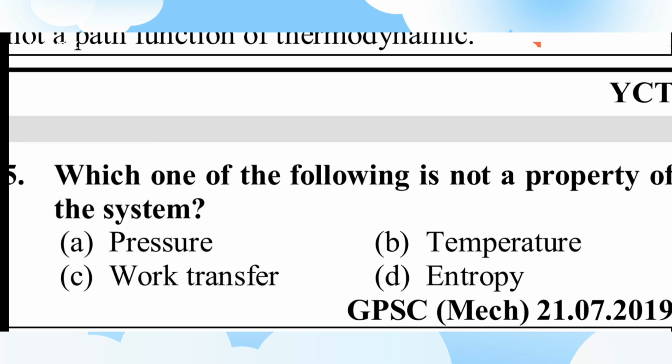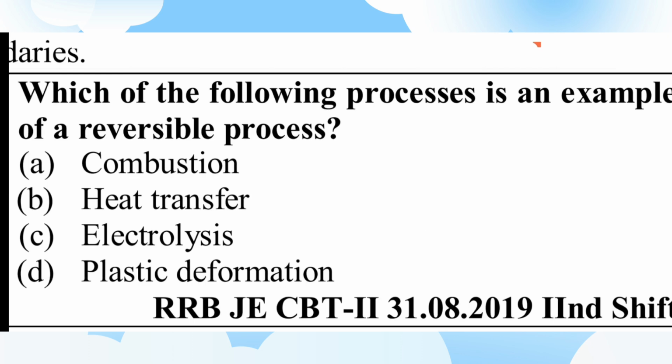Friends, next question: which one of the following is not a property of the system? A pressure, B temperature, C work transfer, D entropy. इसमें से कौन सा properties नहीं है? A work transfer is not a property. Next question: which of the following processes isn't an example of a reversible process?